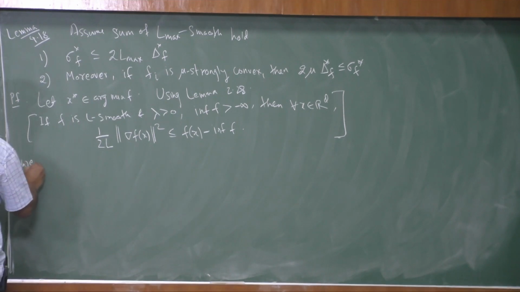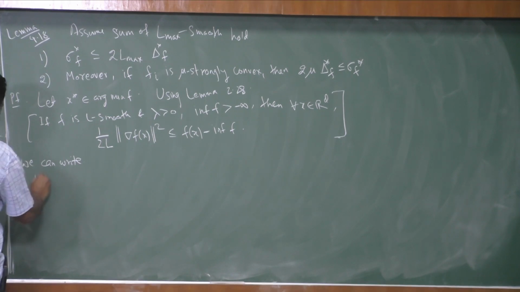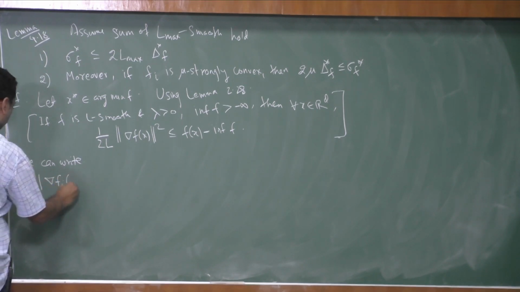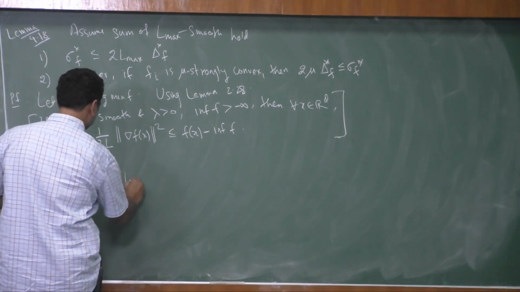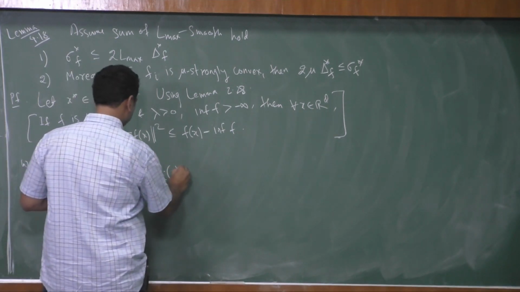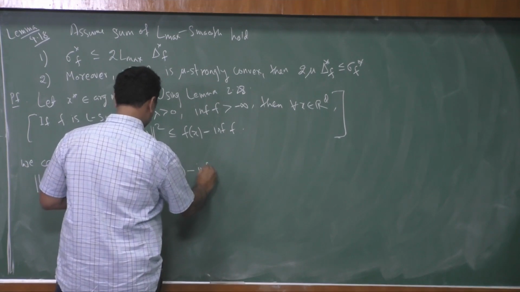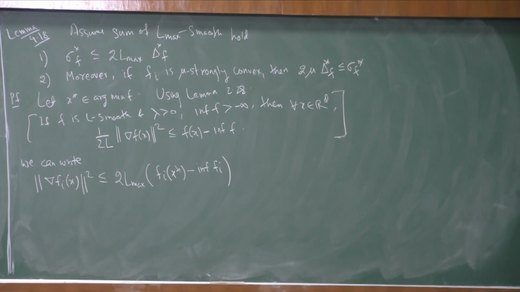norm of grad fi(x star) whole squared is less than or equal to 2 L max of fi(x star) minus infimum of fi. These fi's are L max smooth, so I can use that L here as L max.